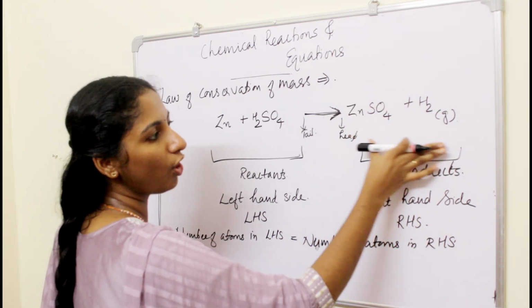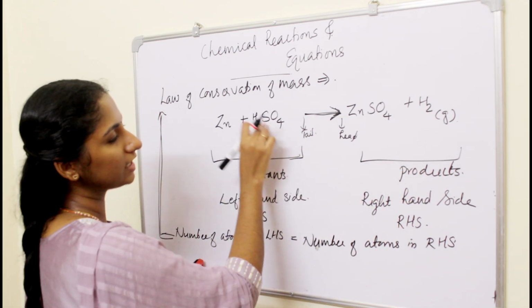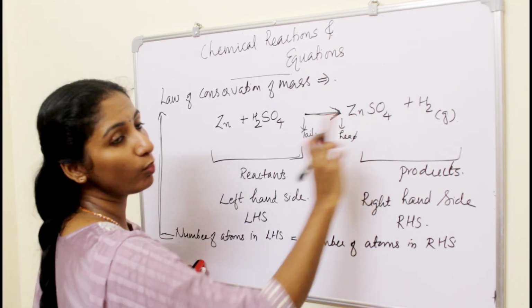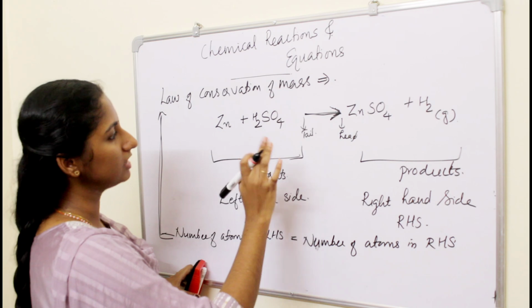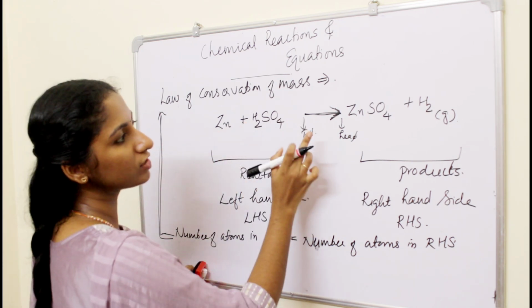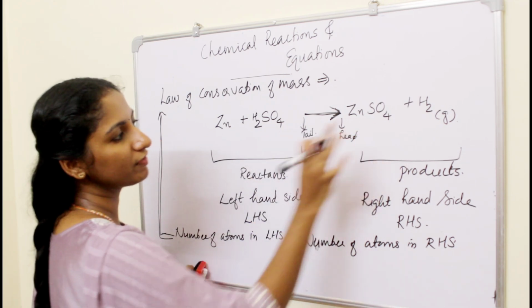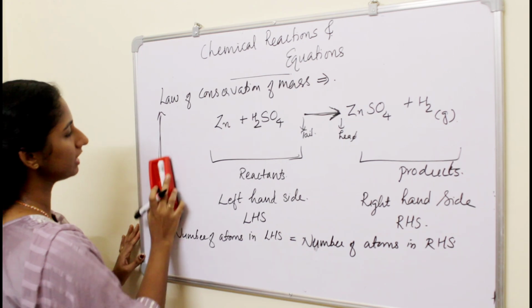We are taking the whole product and whole reactants. Okay. So when we are taking sulfur, here also we have one atom of sulfur. Here also we have one atom of sulfur. So number of sulfur atoms is balanced, number of hydrogen atoms is balanced, number of zinc is balanced. What about oxygen? Oxygen, here we have 4 atoms of oxygen. Here also we have 4 atoms of oxygen. Okay. So we can say like this.